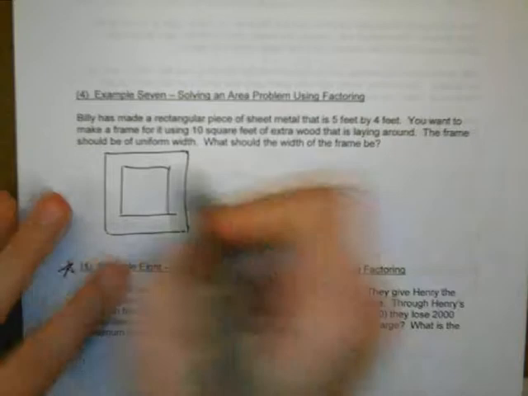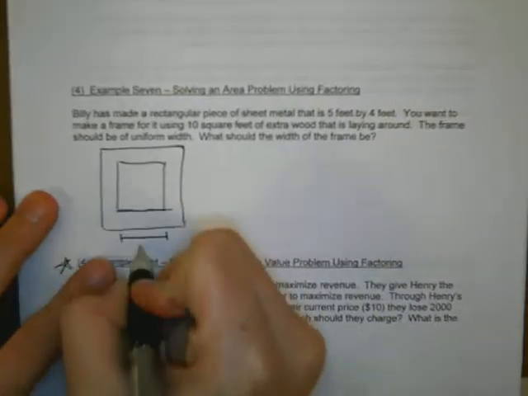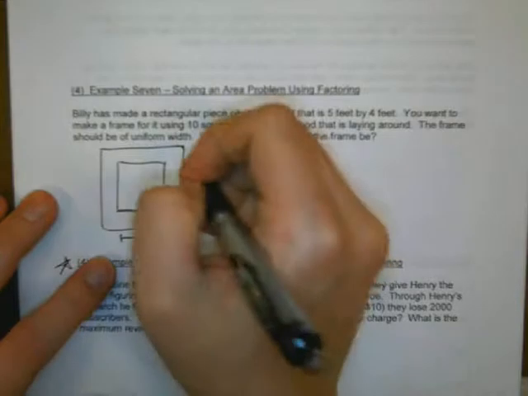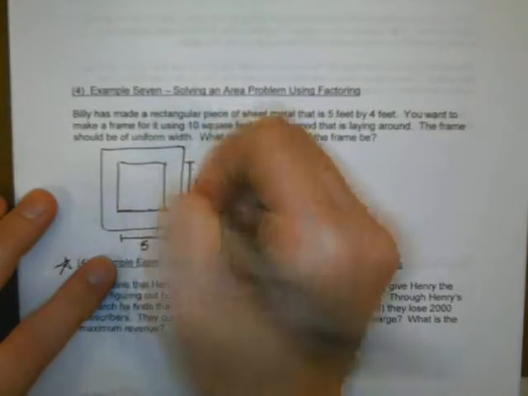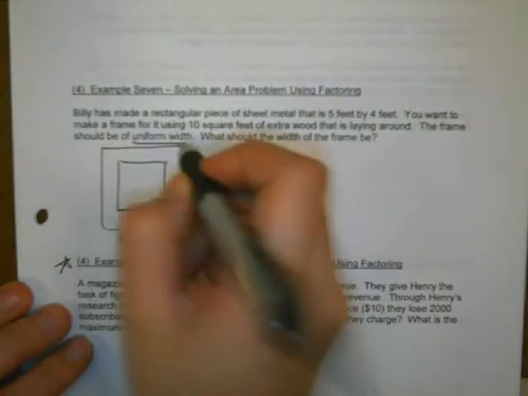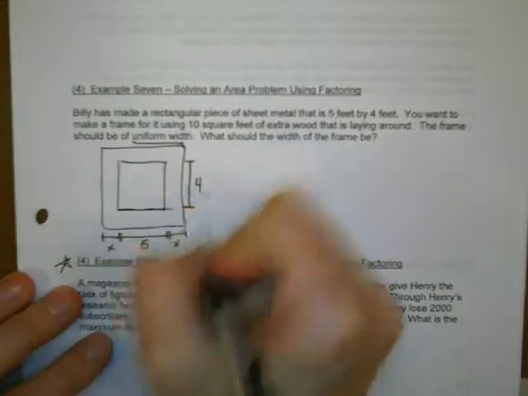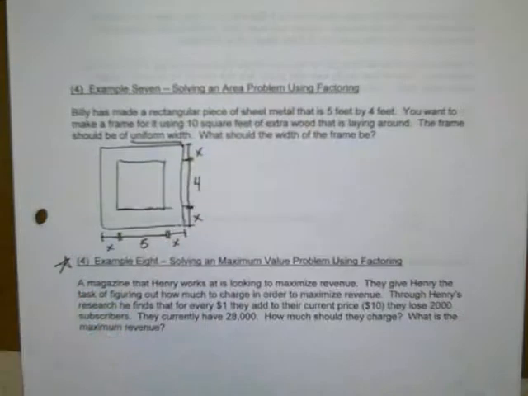Okay, so we have this scenario where you want a border. You know that this side, that sheet metal in the middle, maybe that's the 5-footer, and here's the 4-footer. It says it wants it of uniform width, and since I don't know what that uniform width is, I'm just going to label it as X. And then what should the width of the frame be?